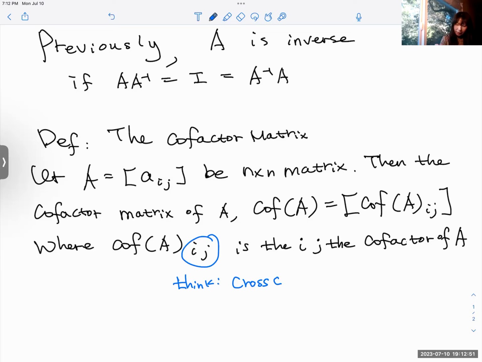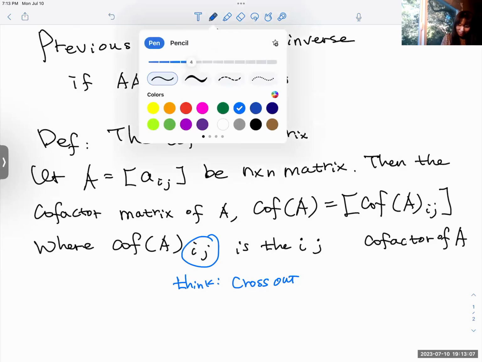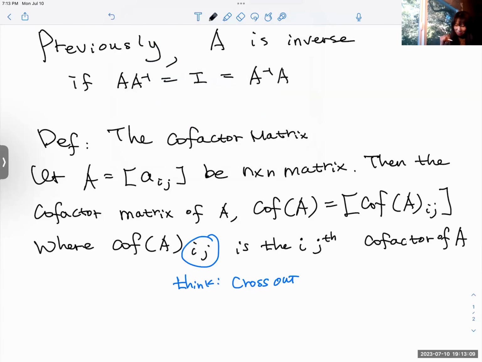Yes, thank you. It's just a little thing. Cross out first because same color. Then IJ. Thank you very much. Okay, so we're going to use a cofactor matrix later on.